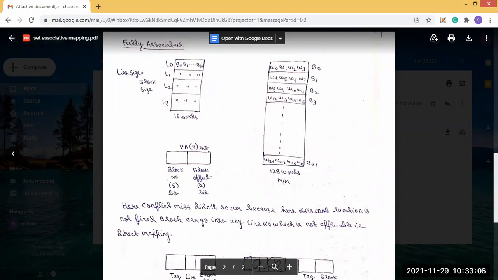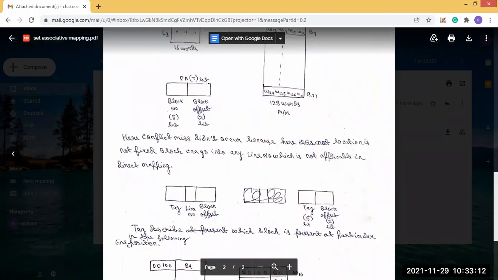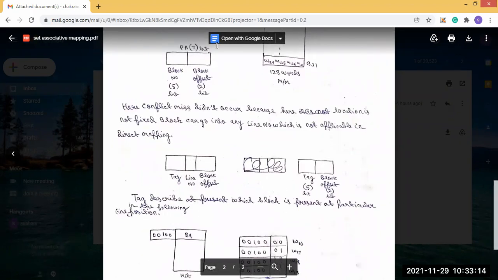The location is not fixed, a block can go to any line number, which is not applicable in direct mapping. So in direct mapping we divided it into tag, line number, block offset.